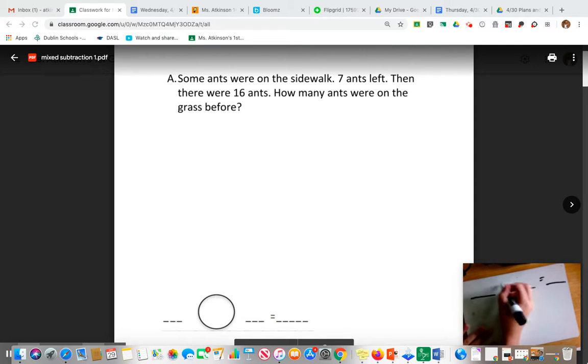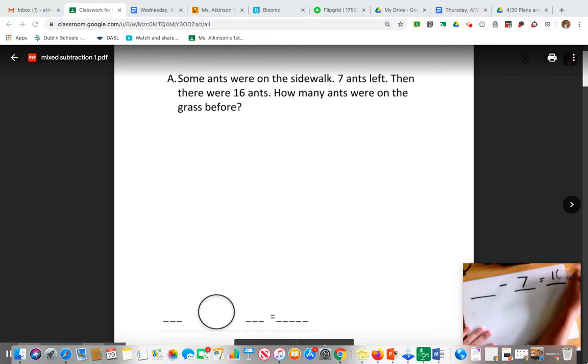So when I hear the word left, I know that we are subtracting, and we are subtracting 7. Then there were 16 ants. So that gives Miss Atkinson the answer that there were 16 ants left. Now we need to figure out how many ants were on the grass before.